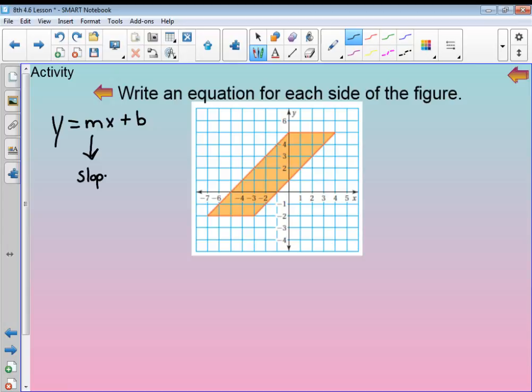Okay, so now we're going to go ahead and work off of one of our sides. So we'll start with this one, our top side here. Okay, so the nice thing about this one is we see where it's crossing the y line because it's actually touching. So y equals our slope x, and then where it crosses our y line, and it is crossing right here, which falls between 4 and 6, so that would be a positive 5.